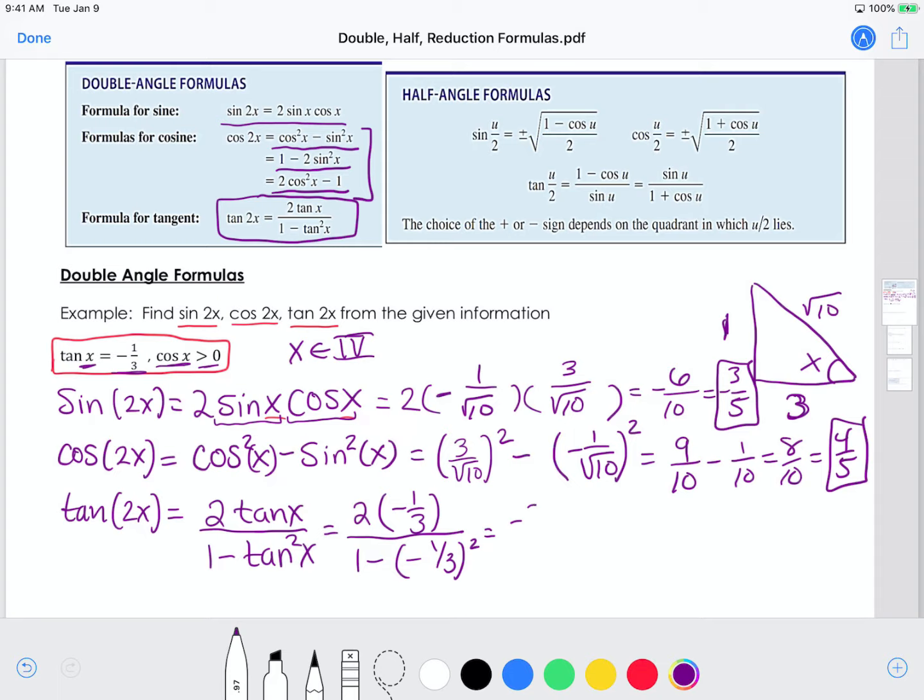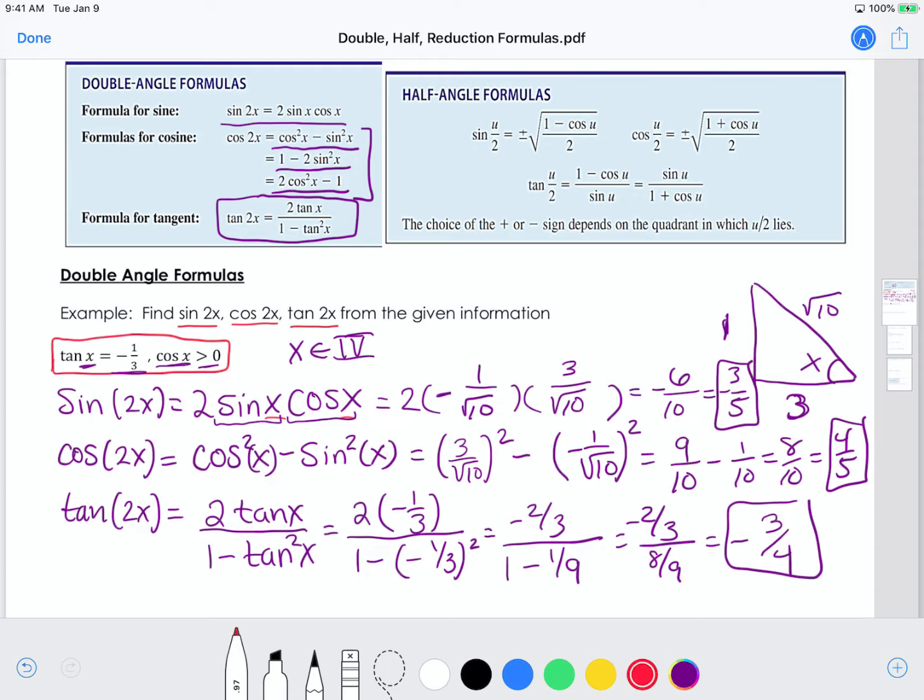That gives me negative 2/3 all over 1 minus 1/9. Now 1 minus 1/9 gives me 8/9. And if I have a fraction divided by a fraction, I flip and multiply. After I flip, multiply and reduce, I get negative 3/4. So tangent of 2x is negative 3/4.